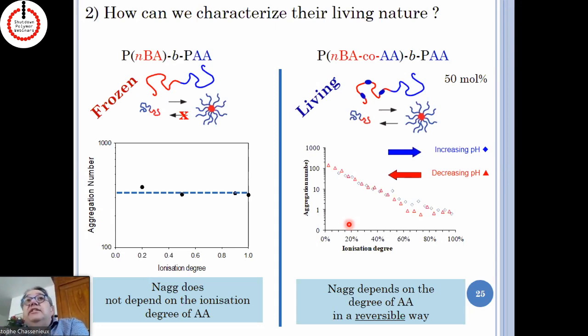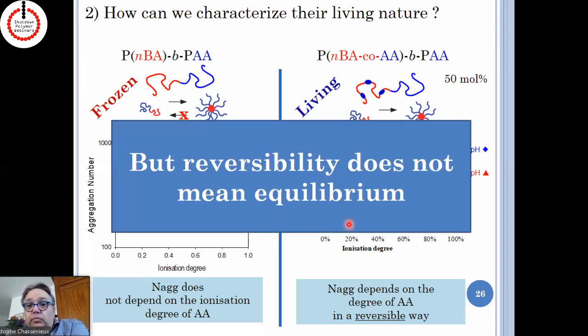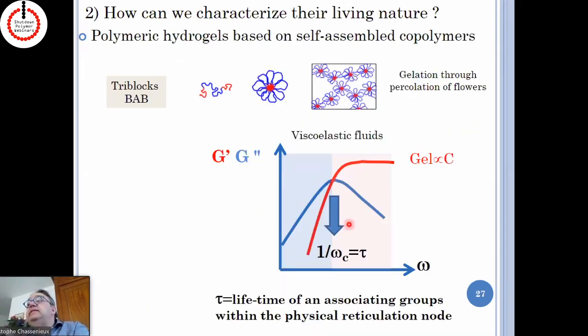If you look at the literature, you can measure this relaxation time by doing stop-flow measurements with scattering techniques. We have decided to measure this relaxation time with another technique, and this technique is rheology. But in order to measure this relaxation time, you have to focus on triblock copolymers rather than on diblocks.